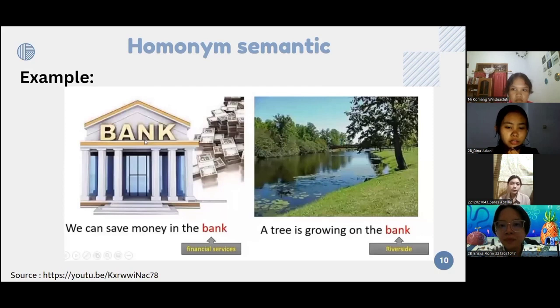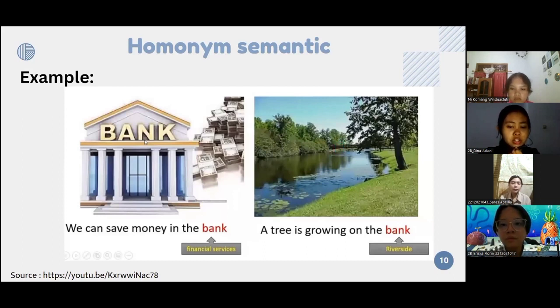I have two sentences here. First is, we can save money in the bank, and then the second sentence, a tree is growing on the bank. So we can see that there is a word that has the same name, spelling, and sound, and it is bank. Let's take a look at the first sentence. We can save money in the bank.